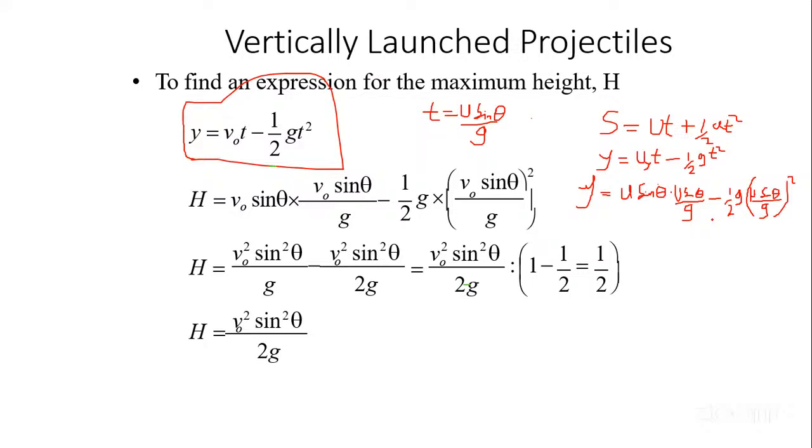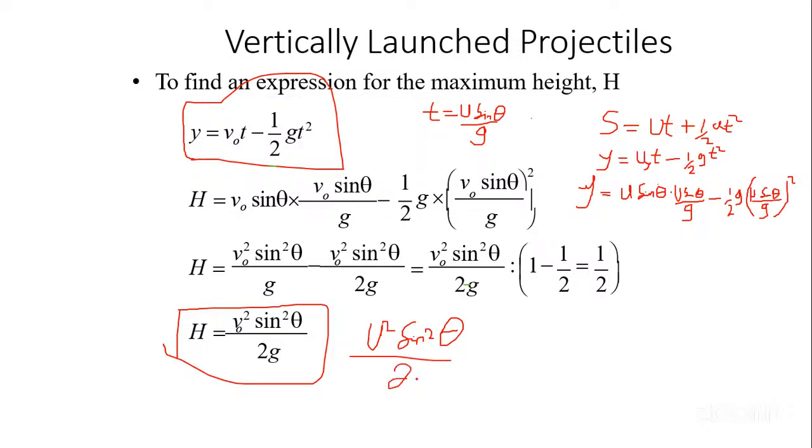Now, if you simplify this expression, you have the maximum height to be u squared sine square theta over 2g.